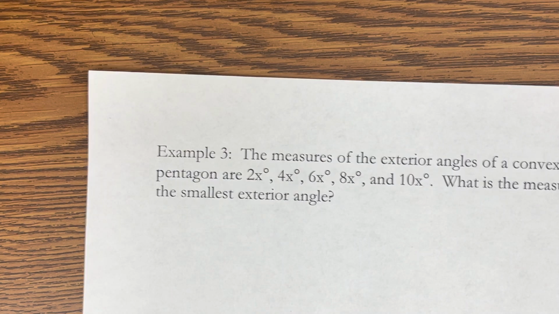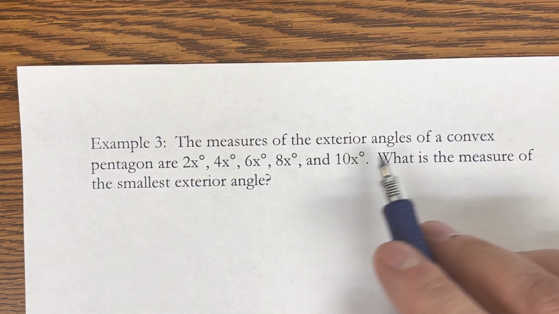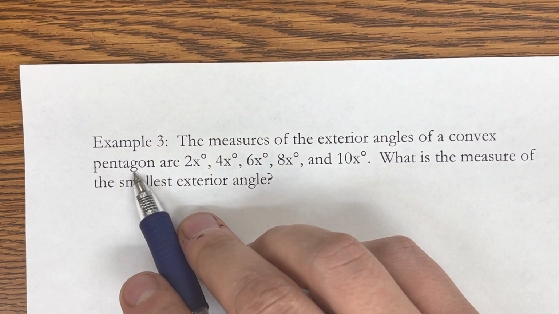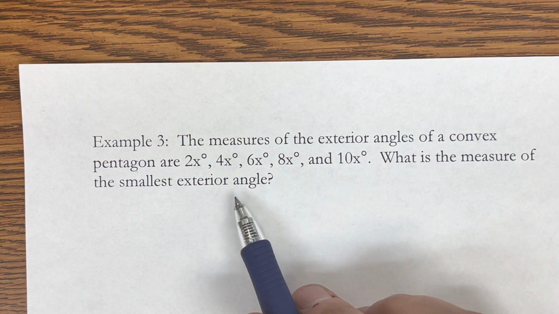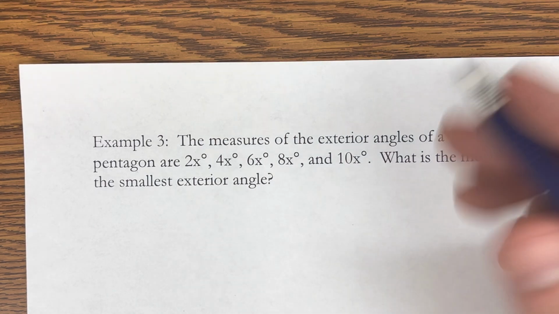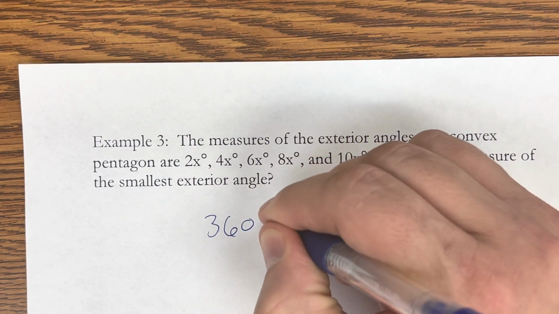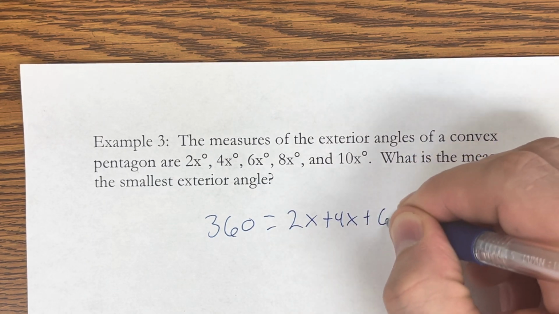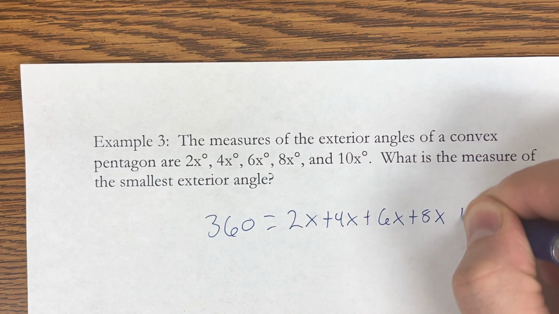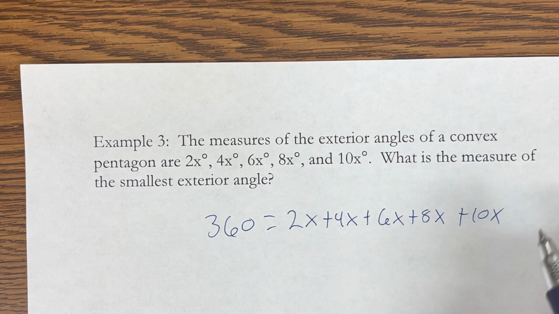All right. This one says the measures of the exterior angles of a convex pentagon, so we have 5 sides, are 2x, 4x, 6x, 8x, 10x. What is the measure of the smallest exterior angle? So exterior angles add up to 360. 360 equals 2x plus 4x plus 6x plus 8x plus 10x. Combine our like terms.